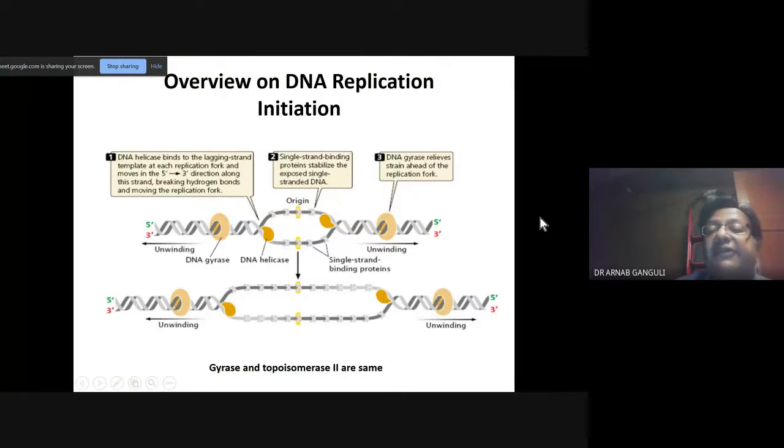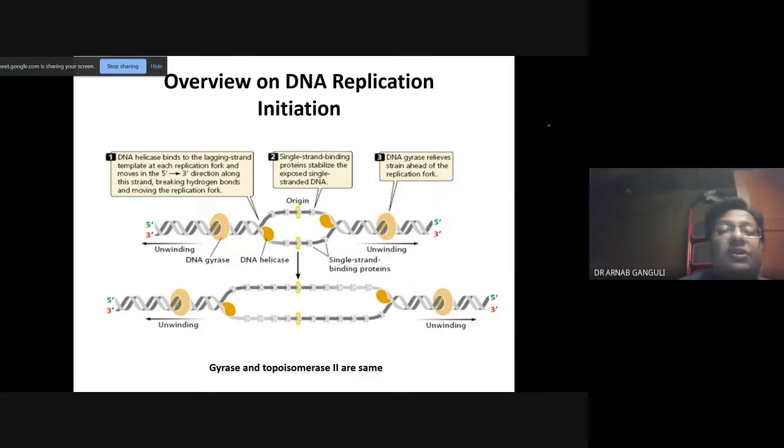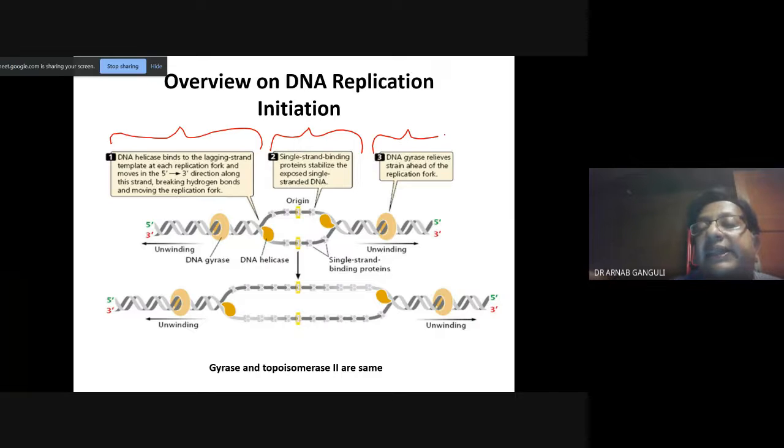This is what I have talked about. First step, we talked about the DNA helicase. It unwinds the DNA at the origin. The second, I talked about the SSB proteins. And third, I talked about DNA gyrase or topoisomerase 2.